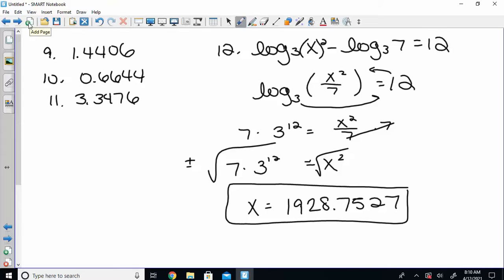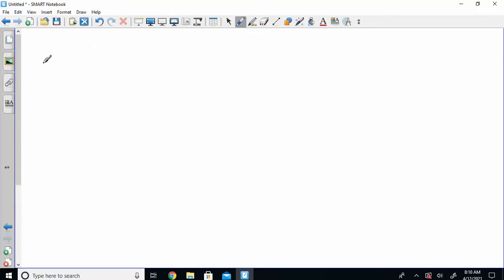Alright. Number 13, you should have gotten 2 answers, 3 and 4 both work. Number 14. We have 5 to the x plus 2 equals 7 to the x minus 2. What would we do here?